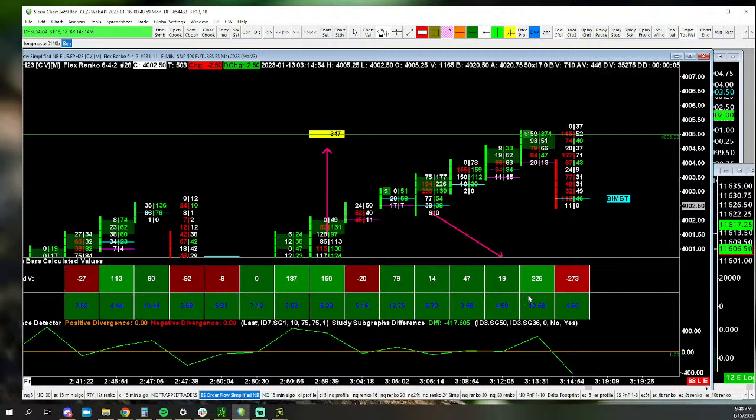In other words, the number of buyers willing to take contracts from the order book by market buying off the offer, is stronger when there's bigger numbers on the right than there are on the left, which are the sellers market selling, aggressively taking the liquidity that's sitting on the bid. So just getting stopped out of a long, or market selling to get out of a long, or to get into a short.